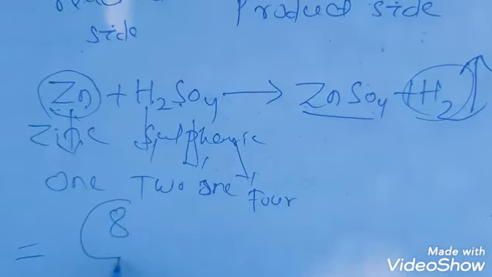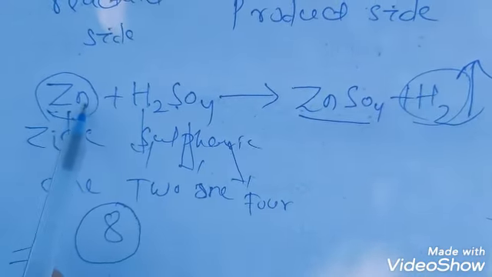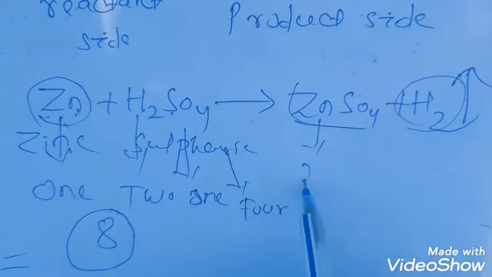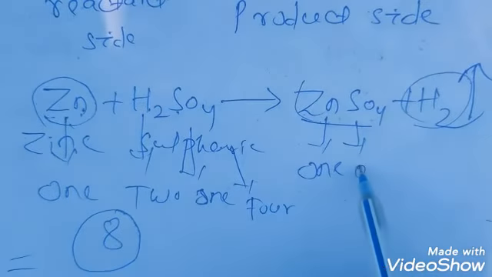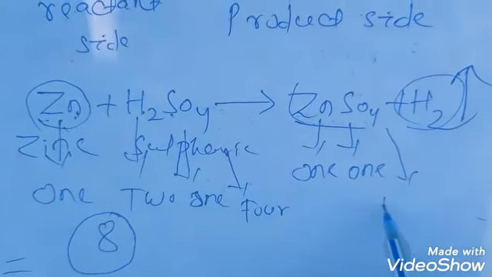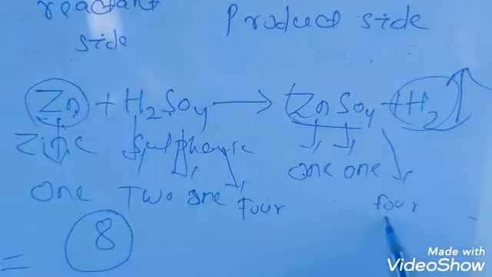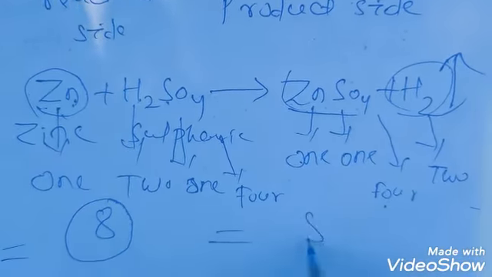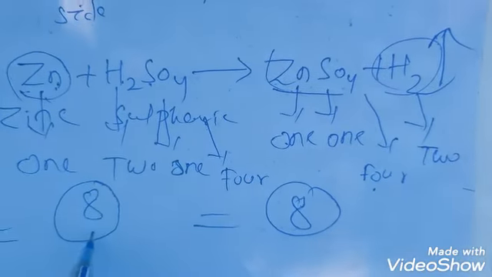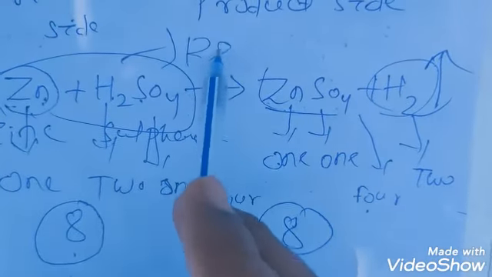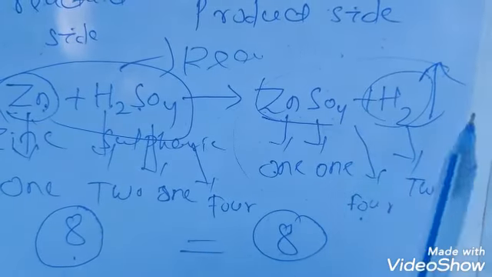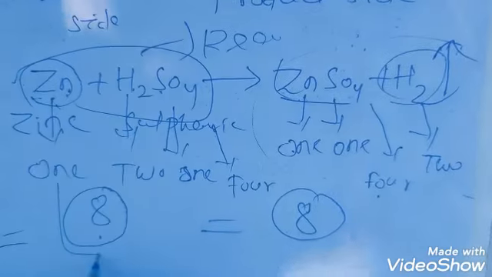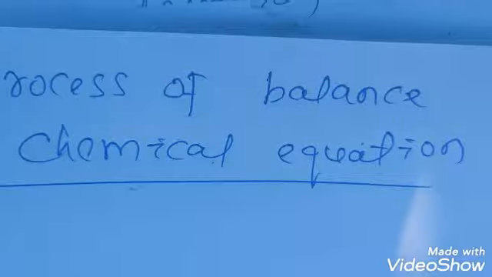There are a total of 8 atoms present in the reactant side. Now in the product side there is one zinc atom, one sulfur atom, four oxygen atoms, and 2 hydrogen atoms. So it is completely balanced because there are 8 atoms in the reactant side and also 8 atoms in the product side.